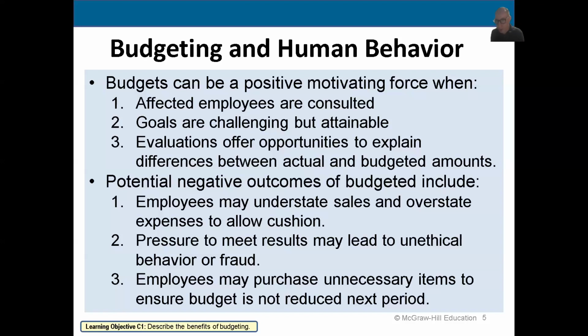All that padding the budget, understating sales and overstating expenses, allows for a cushion. That's a bad thing. You don't want to do that. When you establish a budget, you want to try to be as close as possible to what the actual performance is going to be.